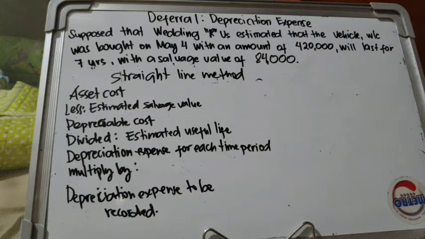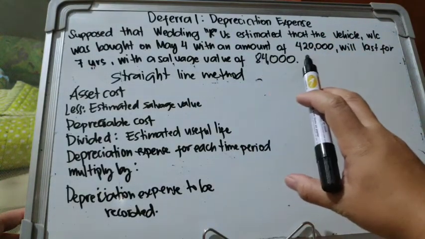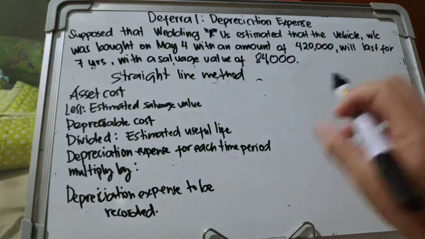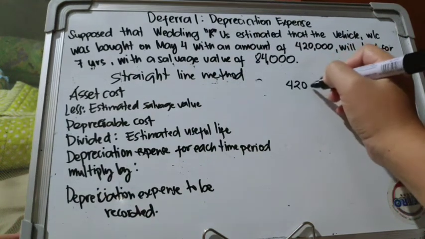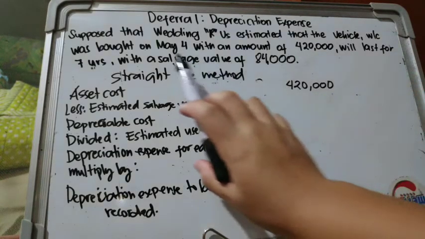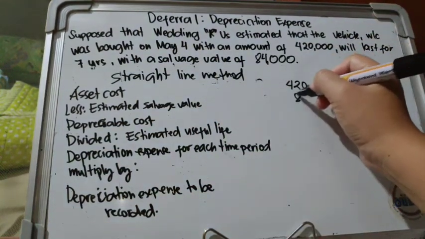So, we will start with the asset cost. So, in the problem, the amount of the vehicle is 420,000. Okay. 420,000 will be the asset cost. Now, the salvage value or the estimated salvage value is stated in the problem, okay, with a salvage value of 84,000.